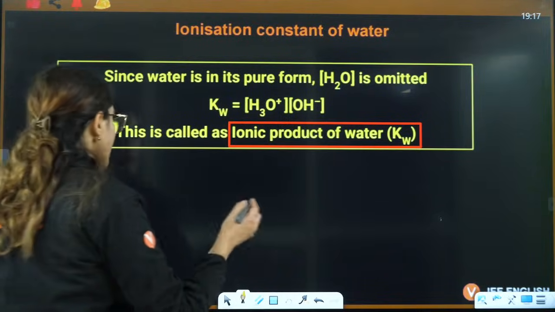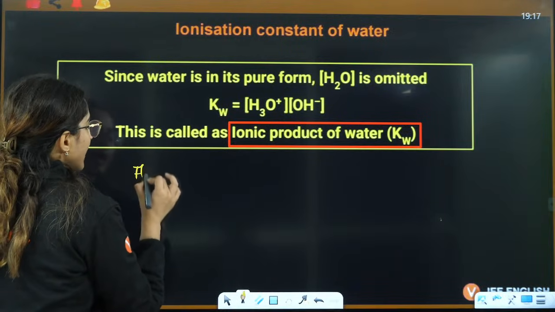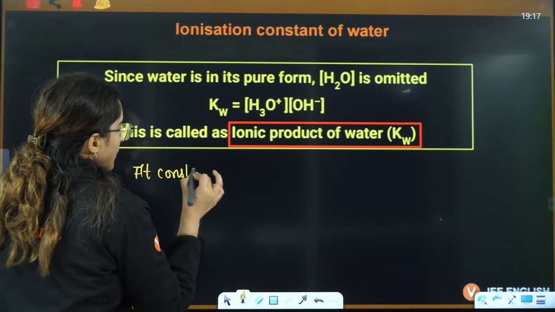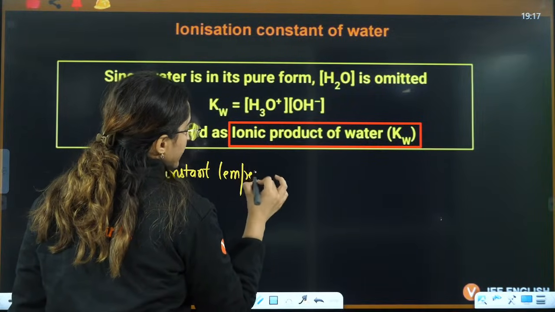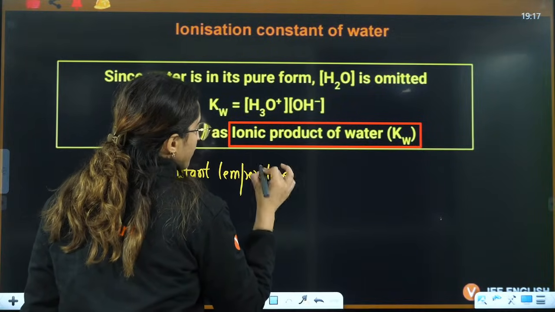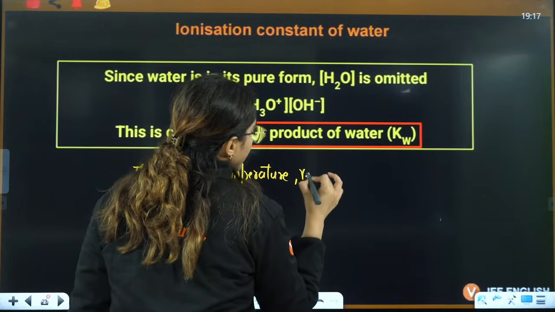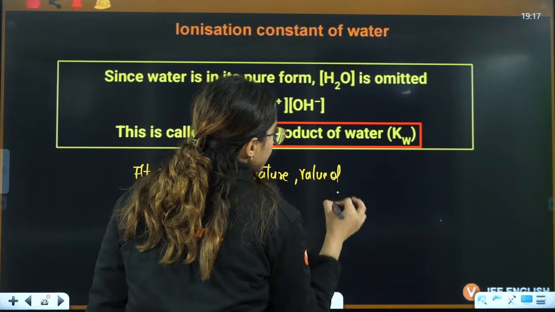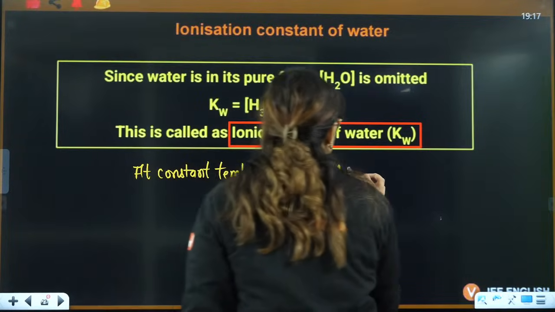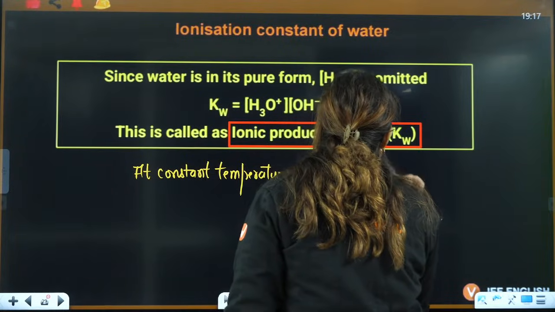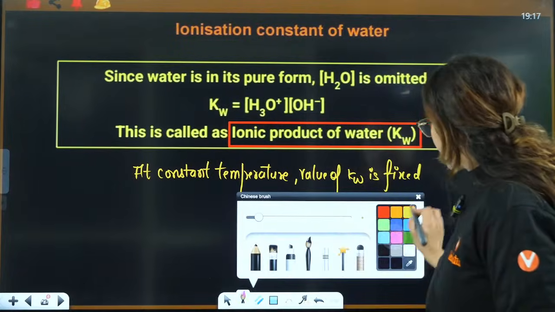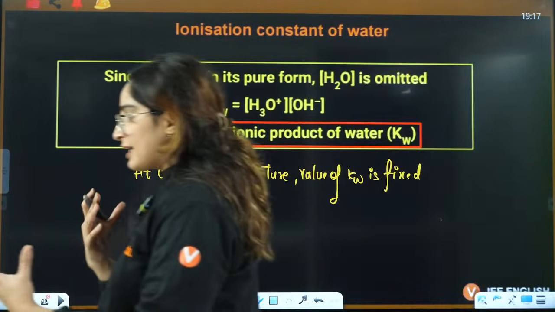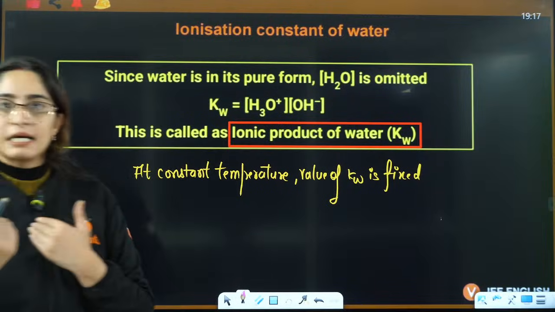So what we'll say, at constant temperature, the value of Kw is fixed. That means, can I say, as I change the temperature, the value of Kw will change, right?